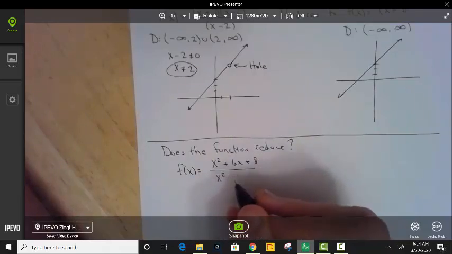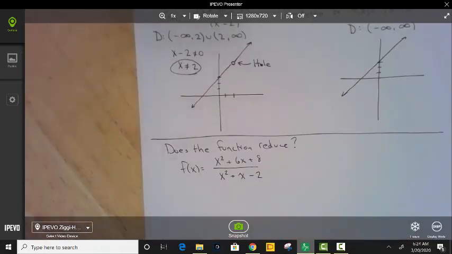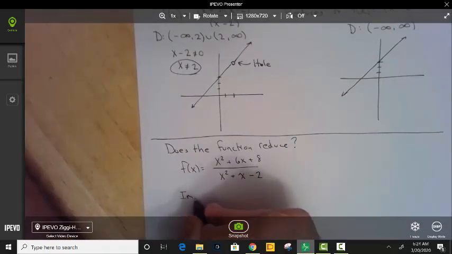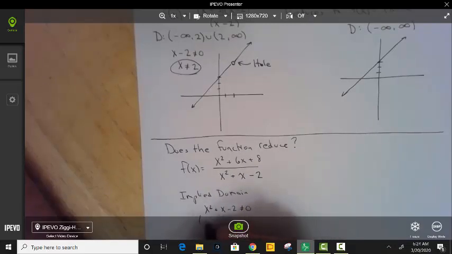Okay, so for example, if I have this function, f of x equals x squared plus 6x plus 8 over x squared plus x minus 2. So if I go to find the implied domain of this function, I would say x squared plus x minus 2 cannot equal 0, and then this factors to x plus 2, x minus 1 cannot equal 0, which means that x cannot equal negative 2 and x cannot equal 1.